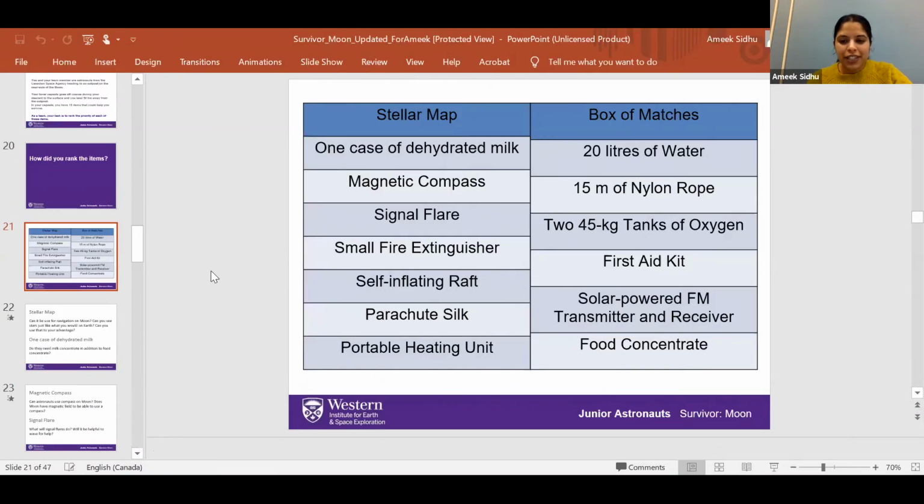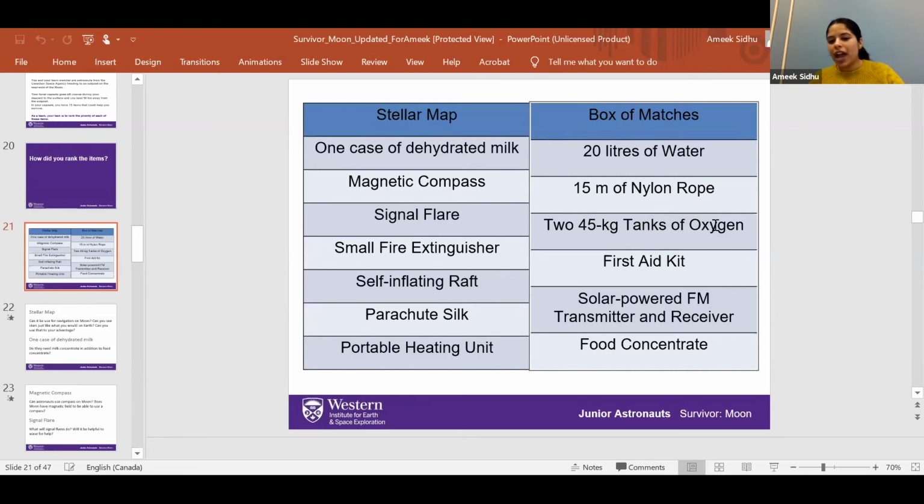So the first item out of all those, ranked highest priority, would be the two 45-kilogram tanks of oxygen, because it's the most important survival need. You would need oxygen to survive. And because they have to travel 50 kilometers, they have to make sure they have those oxygen tanks with them.